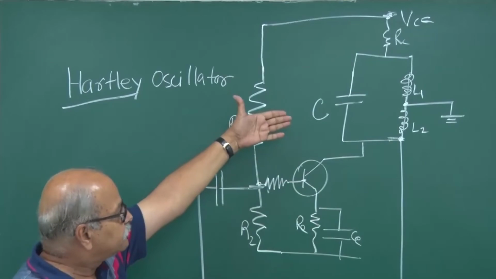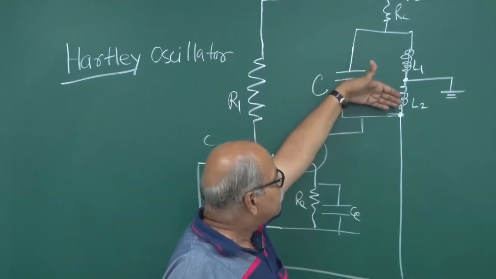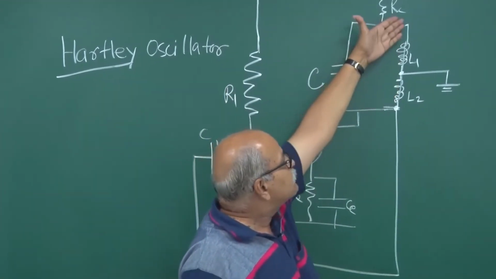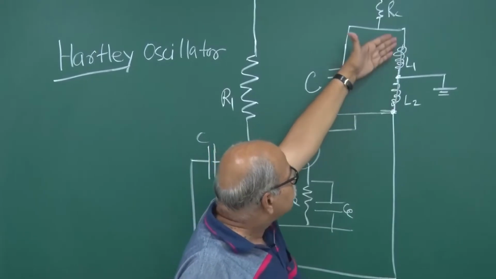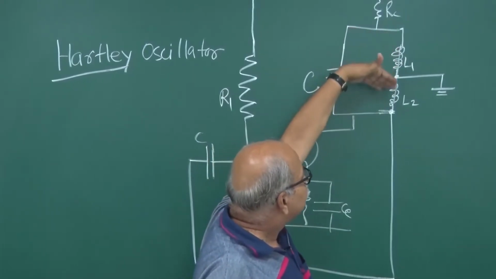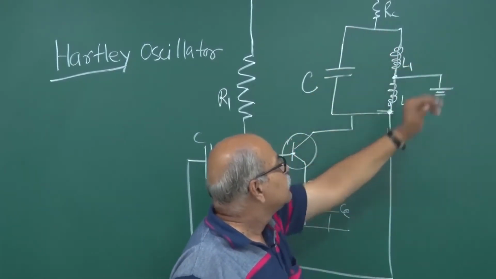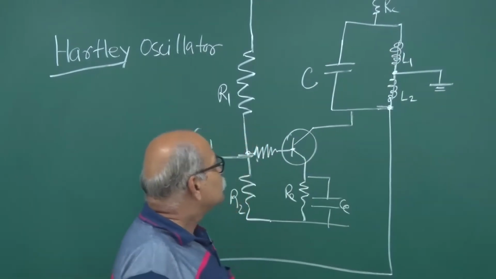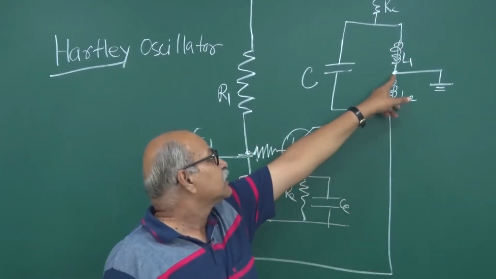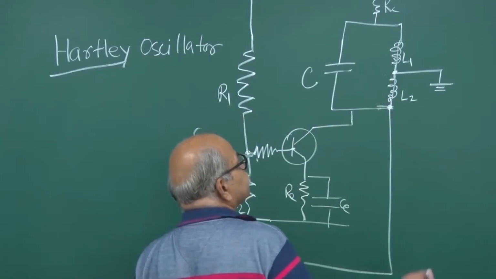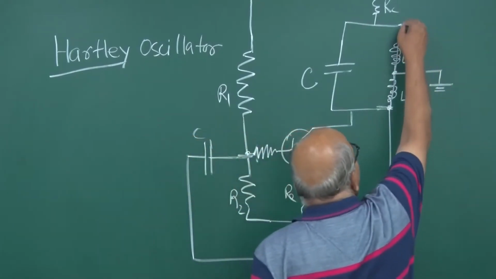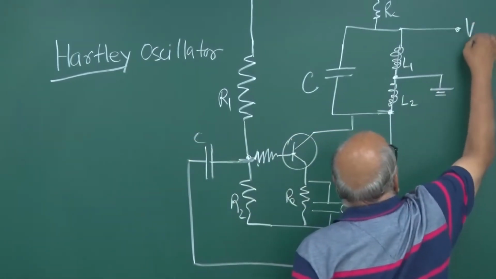And instead of two separate inductors L1 and L2, one can have a single inductor also, and from somewhere in between you tap it and put it to ground. So the feedback is coming from here, and your output can come from here.